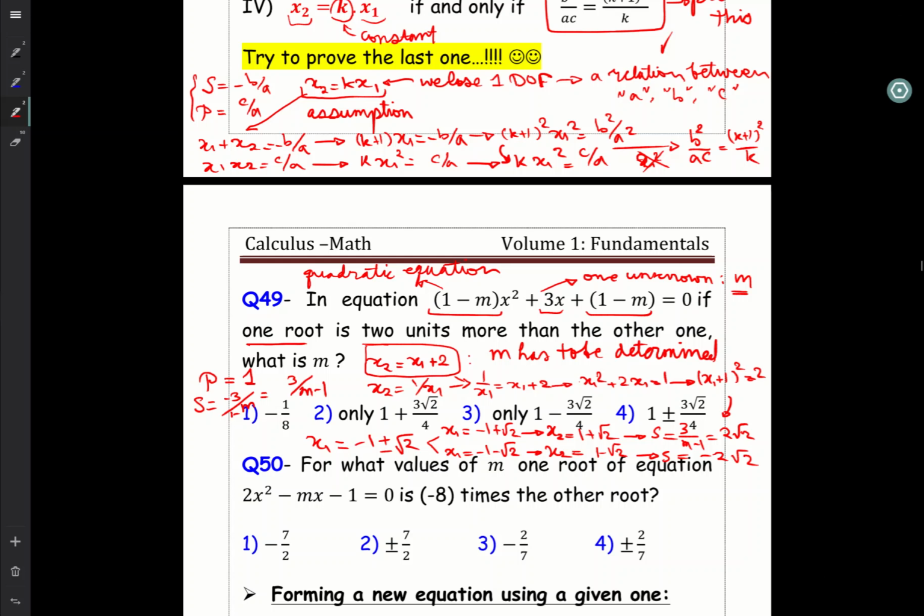Okay, so m minus 1 is either 3 over 2 square root of 2, 3 square root of 2 over 4. M minus 1 is minus 3 square root of 2 over 4, right? So m is 1 plus minus 3 square root of 2 over 4.